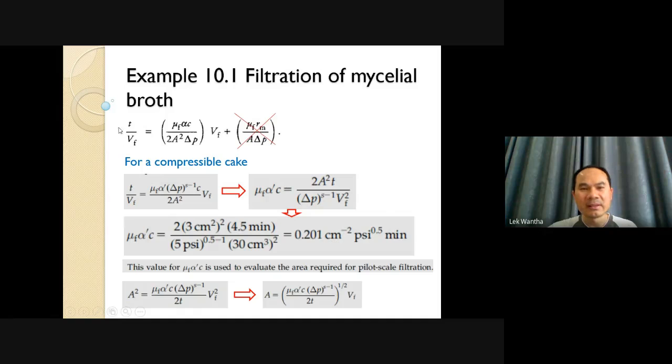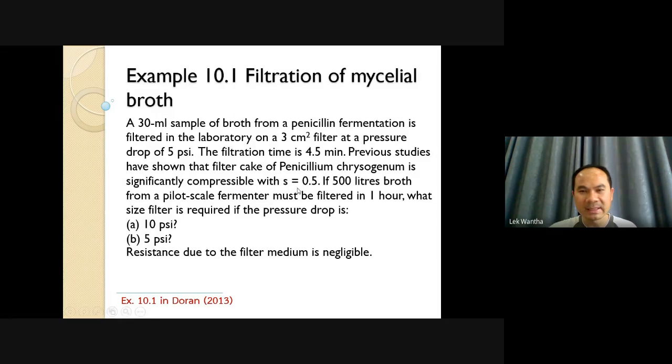We have only the relationship between the filtration time, the volume of filtrate, the cake viscosity, the area of the filter, the pressure drop, and the concentration. For this case we consider a compressible cake, because we know the parameter s.